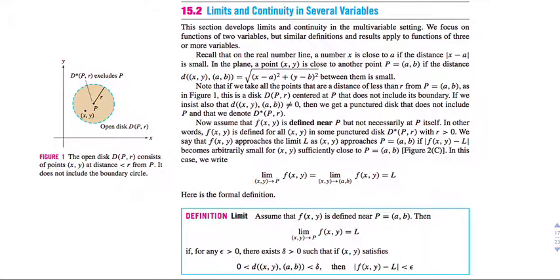The point (x, y), as you see on the disk on the left, is just a point that fits this definition of being closer to P than r, or within the range of r.